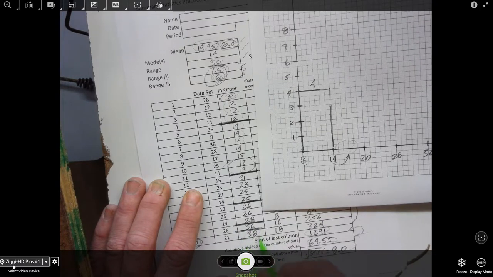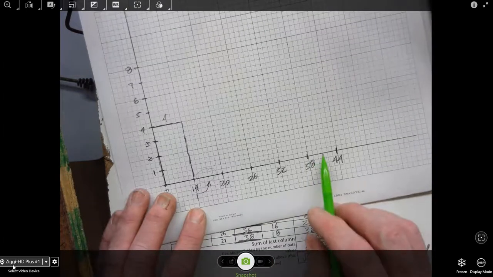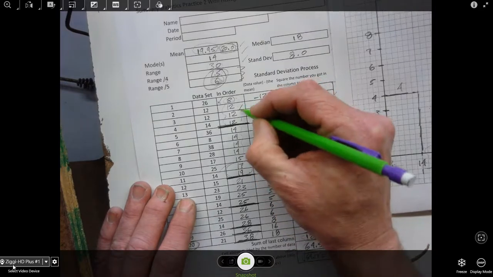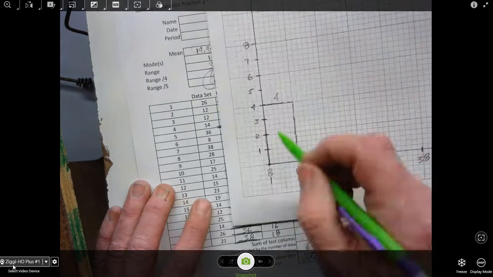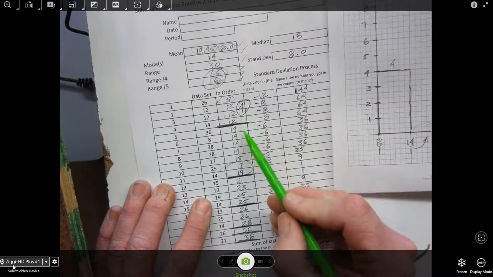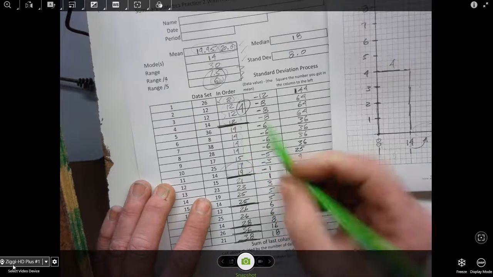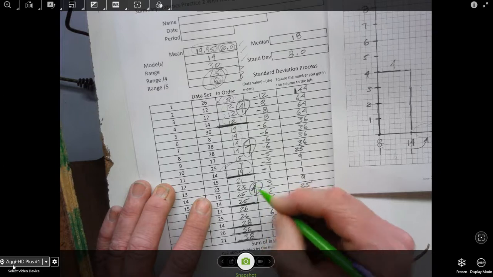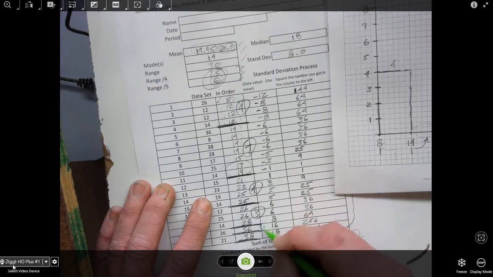And the 38 is going to go in that last section because it goes up here. So this tells me that I should have 4 in the first one. Got that. Done. I should have 7 in this one, 4 in this one, 3 here, and 1 in this one, and 1 in this one.